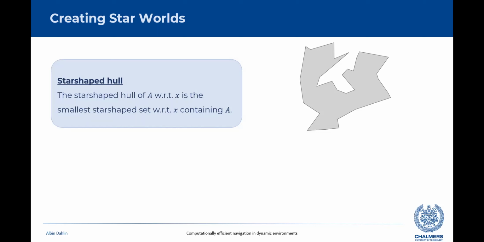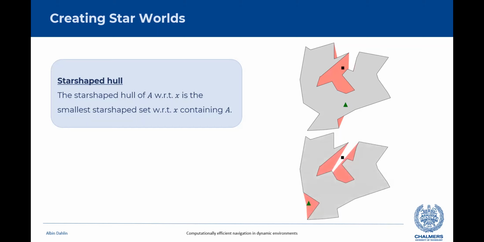So, for instance, if we take this non-star-shaped polygon again, and generate the hull at some point here, the green point, we get this extension in the red area, resulting in a star-shaped set. If we instead generate the hull with respect to another point, we get a different shape.